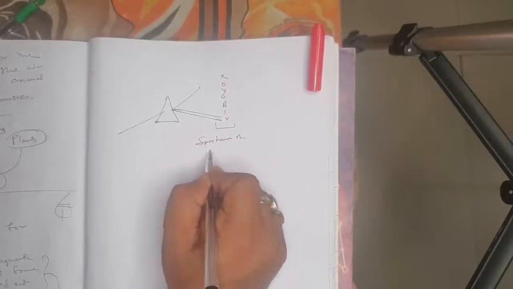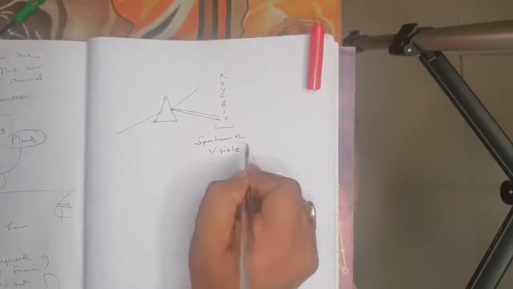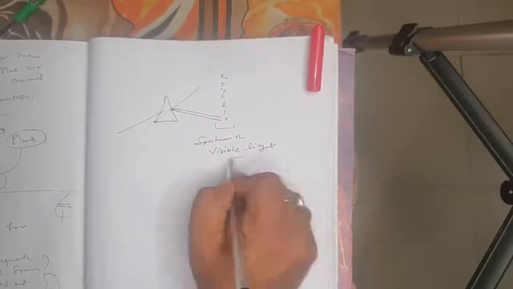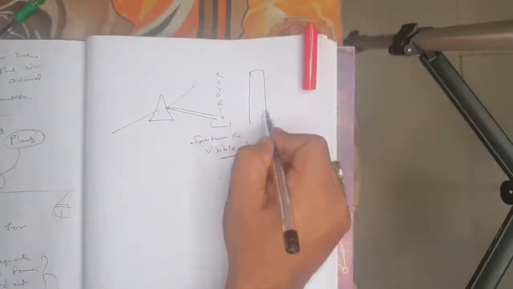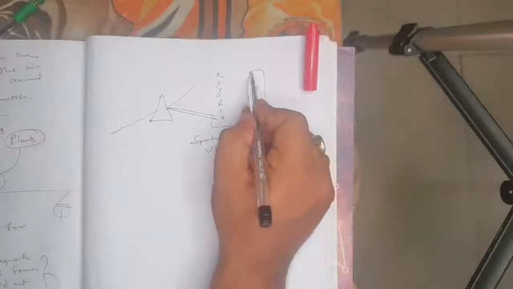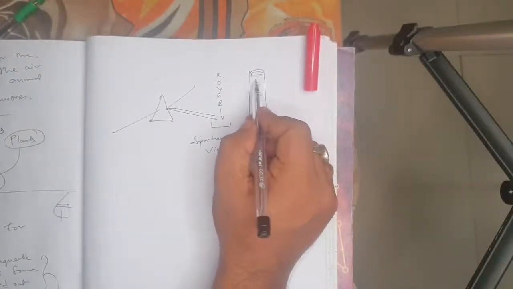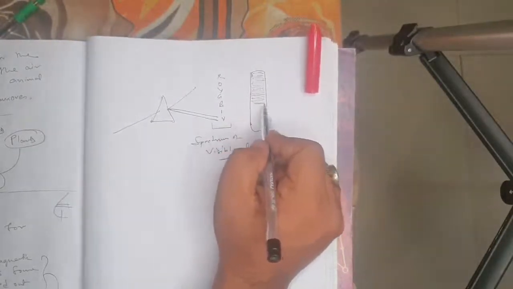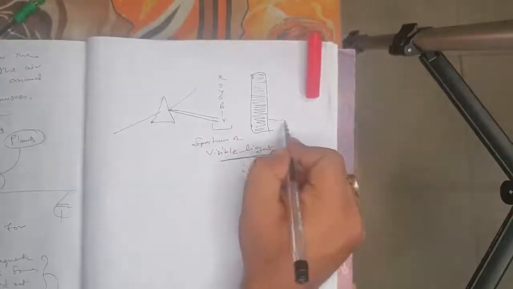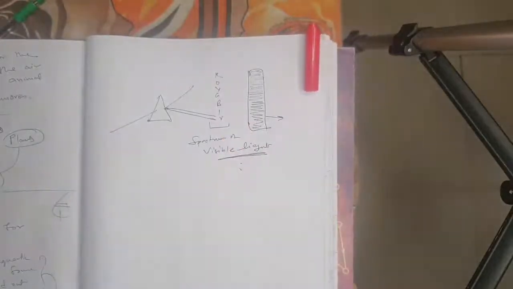Now when you obtain the spectrum of the visible light, you take a tube and uniformly distribute Cladophora. The Cladophora algae is distributed uniformly in this tube.